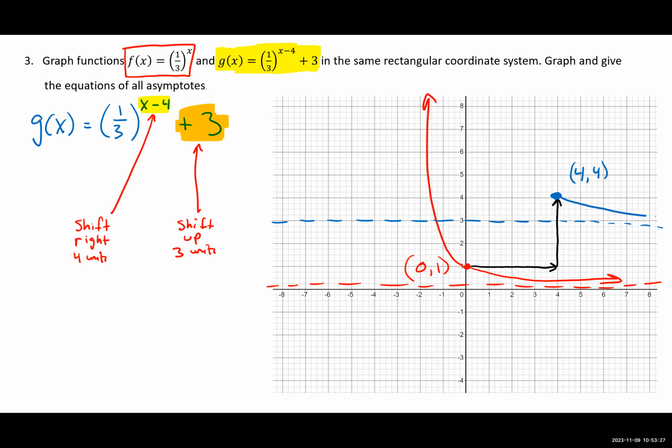So down to the right, up to the left. So it's an exact copy of the red graph, just in a different location. We shifted it to the right, we shifted it up. And then we draw our exponential graph, make sure it sort of levels out at that asymptote.